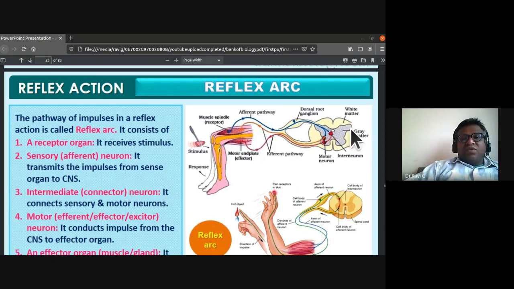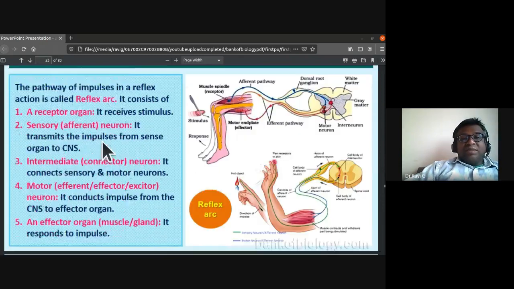The reflex arc consists of a receptor organ, which receives the stimulus; a sensory neuron, also called an afferent neuron, which transmits the impulses from the sense organ to the central nervous system; and the intermediate or connector neuron, also called an interneuron, which connects the sensory and motor neurons.